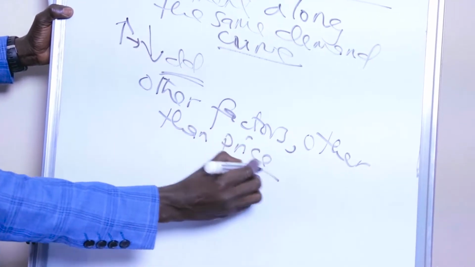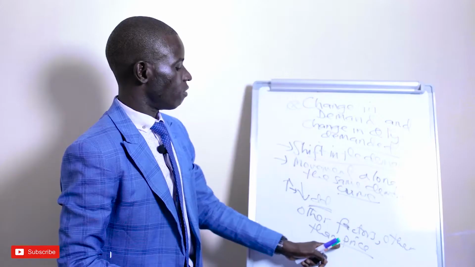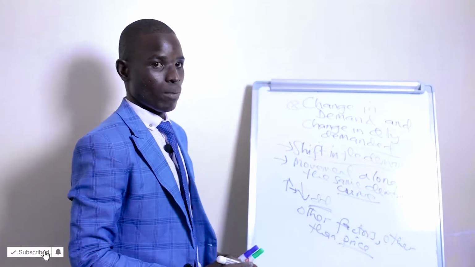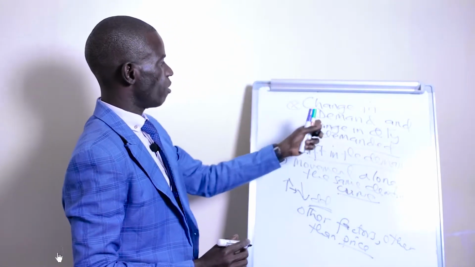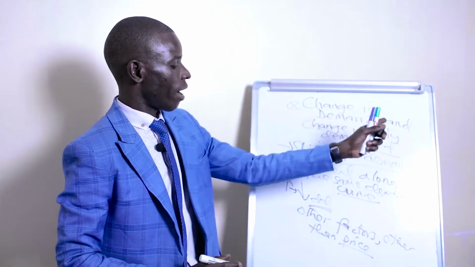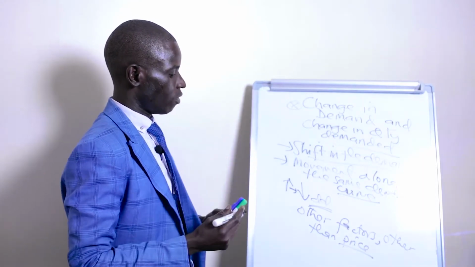So in this case, the price of the commodity is not responsible for change in demand, but rather change in demand is influenced by other factors, the factors that you mentioned.